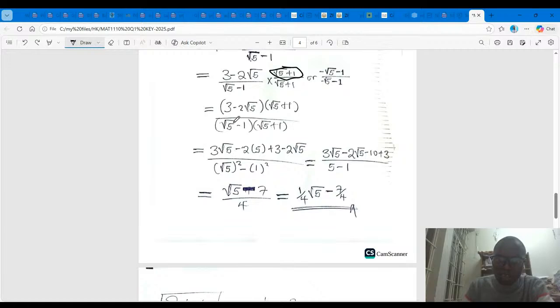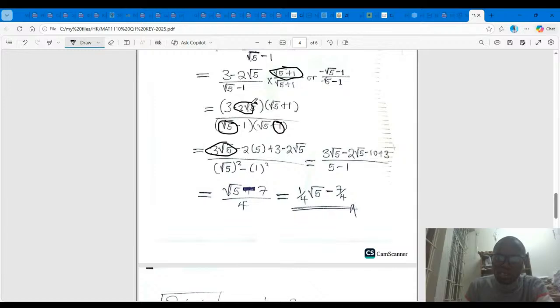So I'm just saying square of root 5 minus square of 1. Then the numerator you can expand: 3 times root 5, you get yourself 3 root 5. Then root 5 times minus 2 root 5, you get yourself minus 2 times 5 because the root will go away.